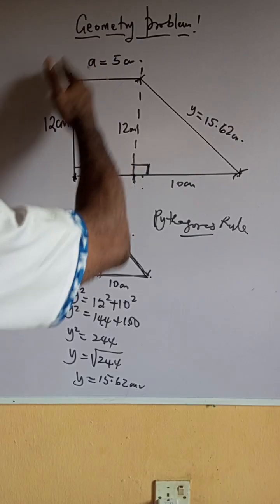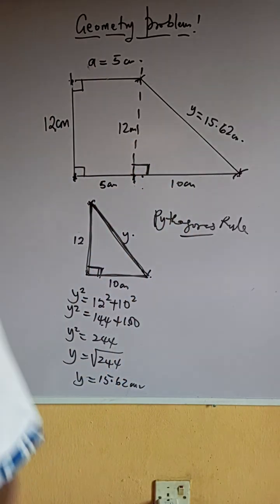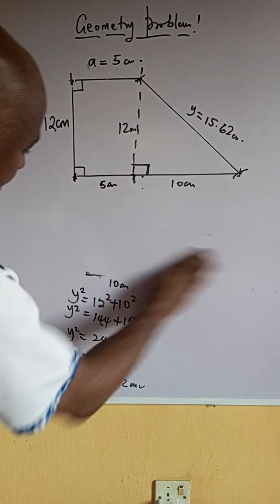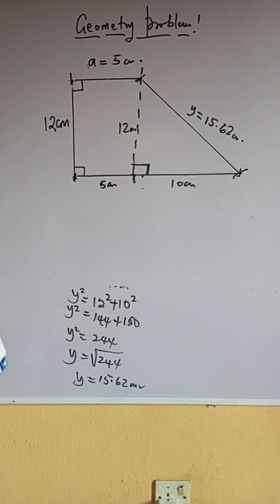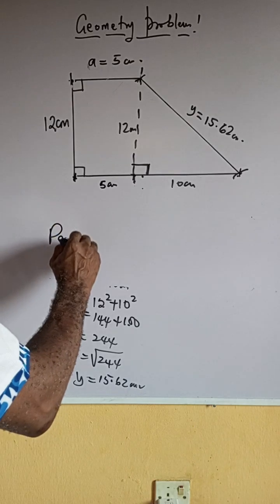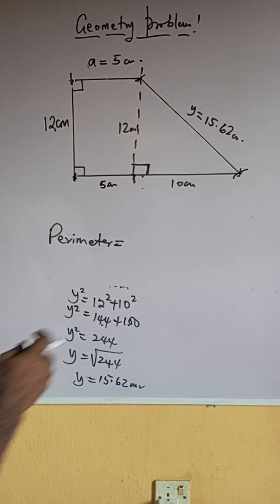At this point, calculating the perimeter will no longer be a difficult task. Permit me to take this portion off. Perimeter now, like I told us, is the total distance that surrounds this shape.